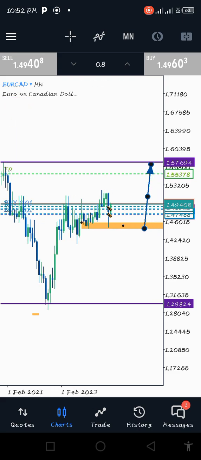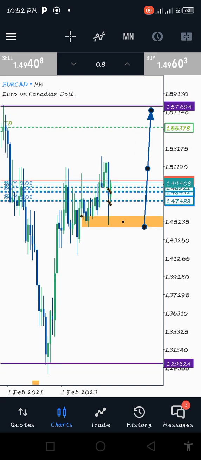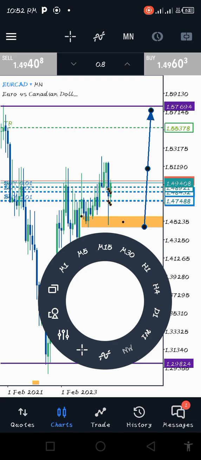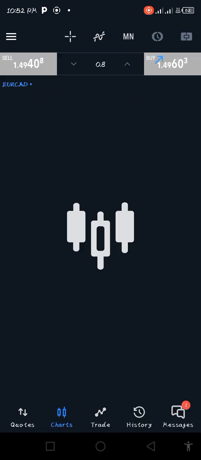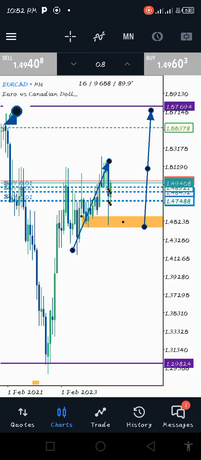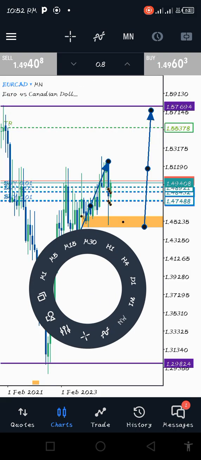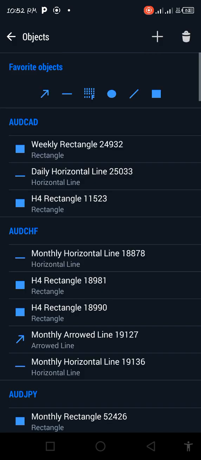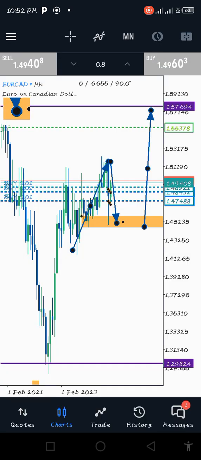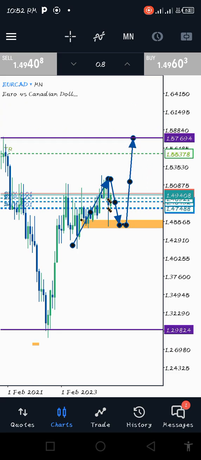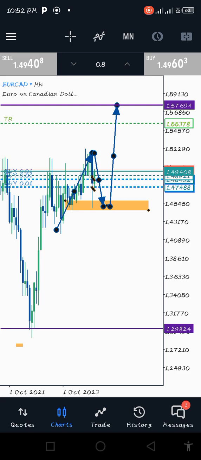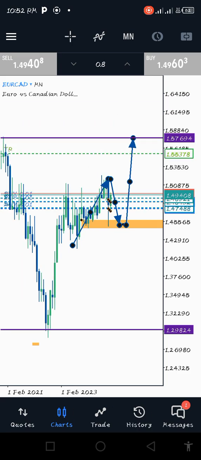Because it is coinciding with the fact that price moves in phases, or price moves in waves. This was the first wave, pushing price to the upside, and this is the next wave, pushing price to the downside, before we continue on the third movement on EuroCAD.